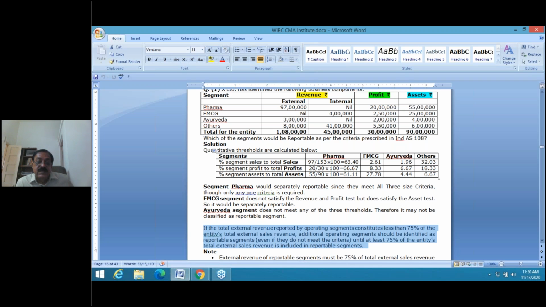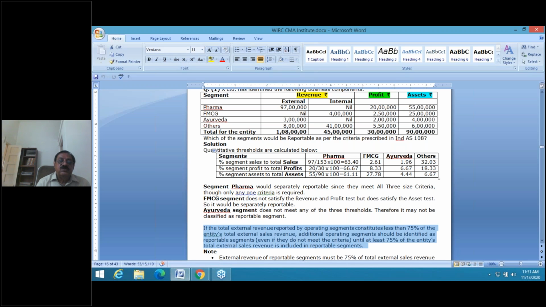If it is not fulfilled, then you will have to add one more segment so that the 75% limit is crossed. So an additional operating segment should be identified as a reportable segment, even if it does not meet the criteria, until at least 75% of the entity's total external sales revenue is included in reportable segments. Now friends, here if you see, total external sales of pharma is 97.